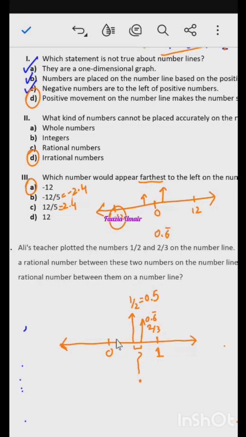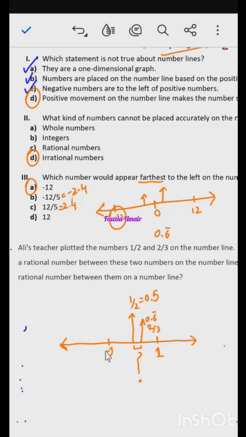So between 0.5 and 0.6, can you name any rational number? Do you think any number is between 0.5 and 0.6? Hashim? So beta, do you think any number? All right, I got an answer from Arslan.